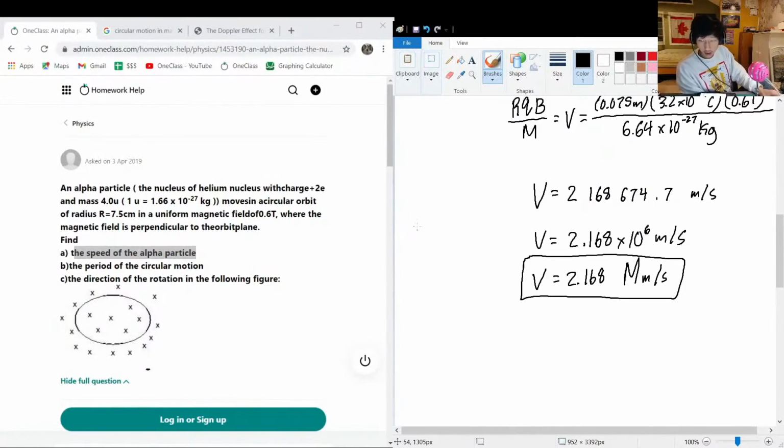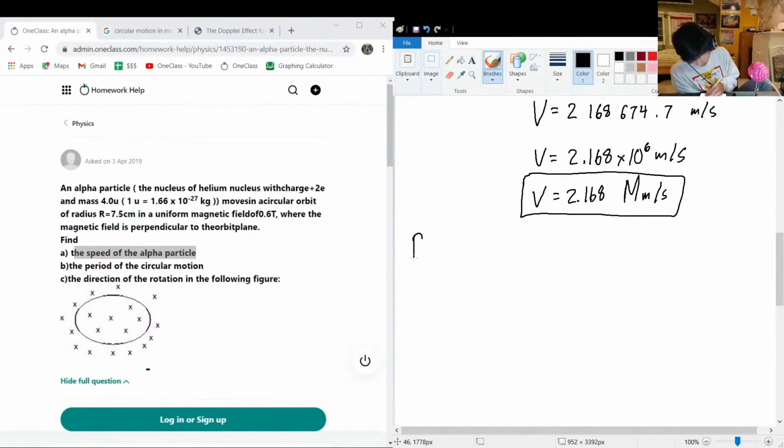That's awesome. Okay, now we want to find the period of the circular motion. So let's do that. Period, circular motion.